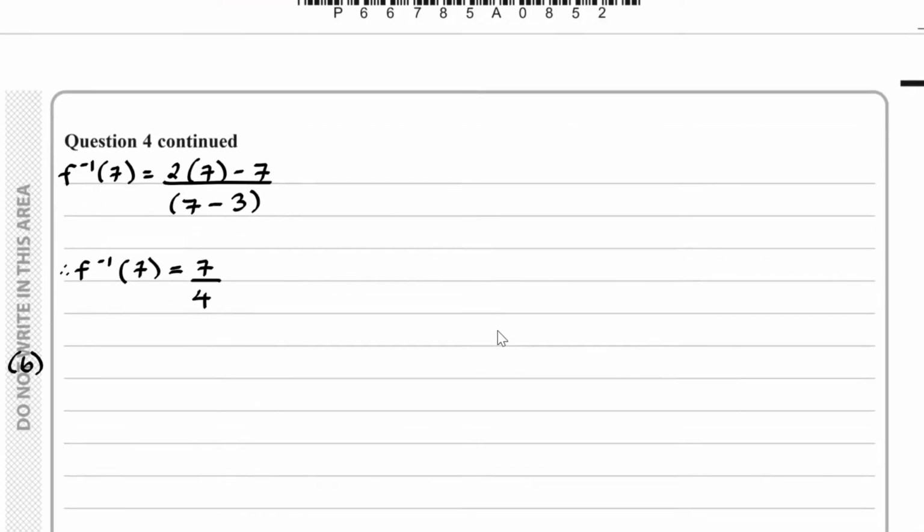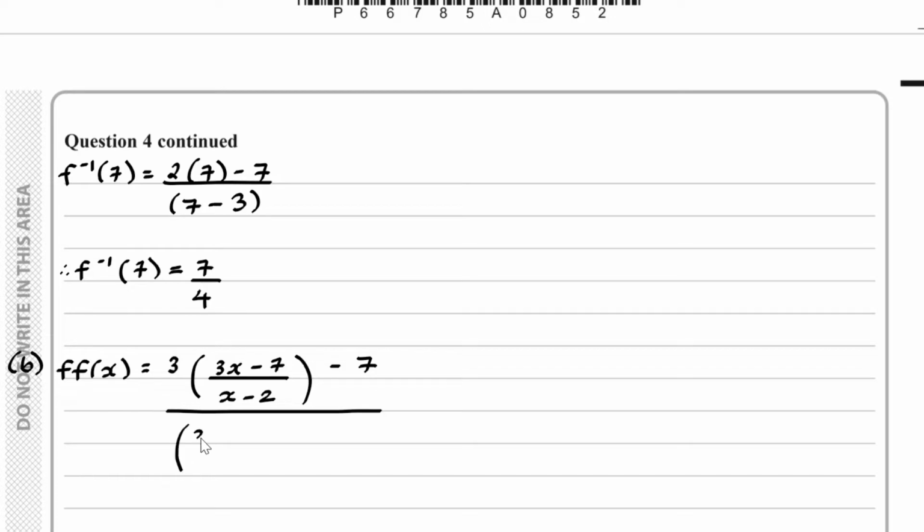So f of x is equal to 3 lots of (3x minus 7 over x minus 2) minus 7, over (3x minus 7 over x minus 2) minus 2.